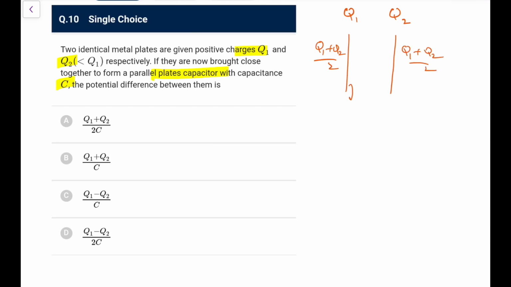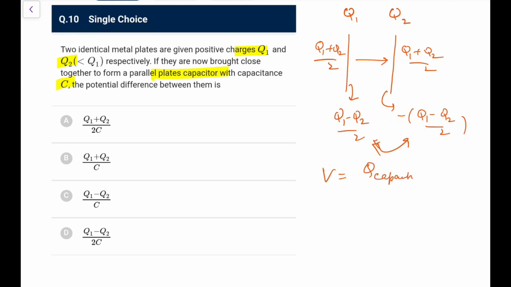So what we are left with here, the charge here would be (Q1 minus Q2) by 2, and here would be equal to minus (Q1 minus Q2) by 2. So this would be the effective charge on the capacitor. This will only generate the field inside, so the potential difference will depend only on that. So I can directly write that V is equal to this Q on the capacitor, effectively, upon C, that is (Q1 minus Q2) upon 2C. So go for option D in this particular case.